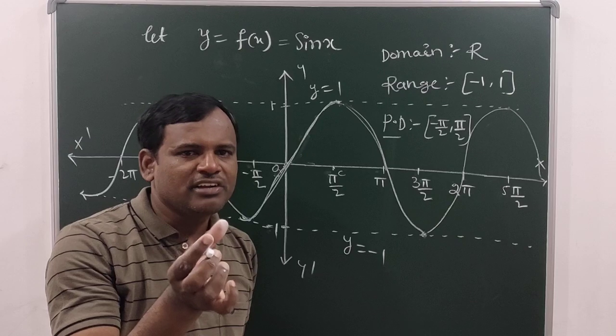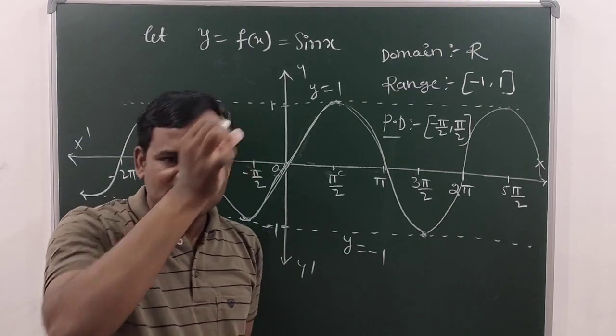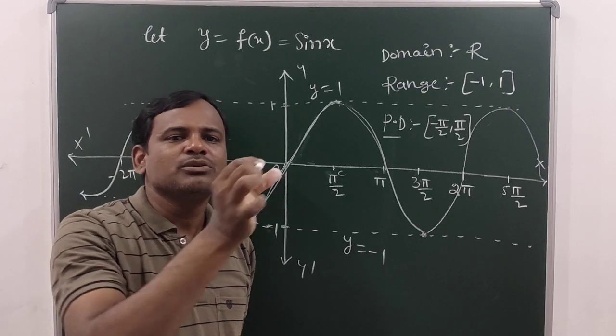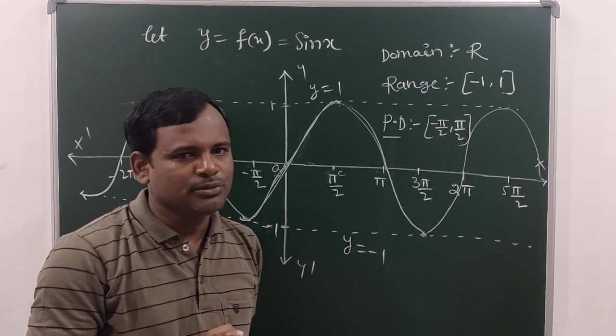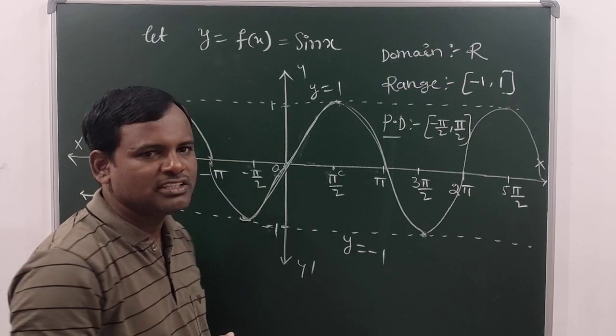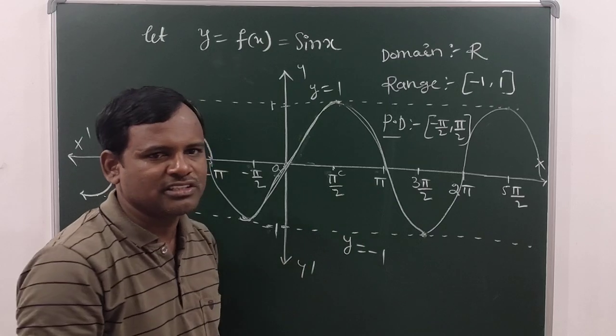In whichever interval the graph of a function strictly increases or strictly decreases, in such an interval that function will be bijective. Actually this sine function strictly increases and strictly decreases in many more intervals.